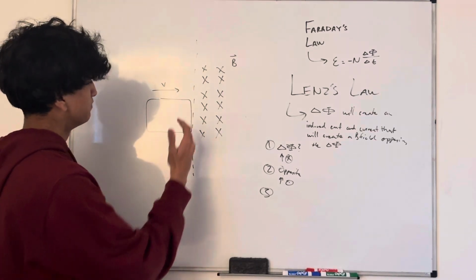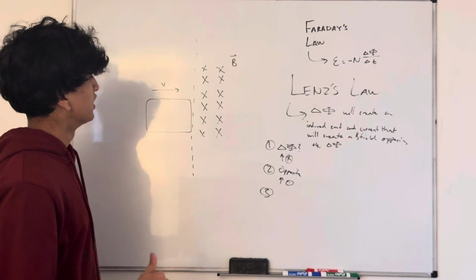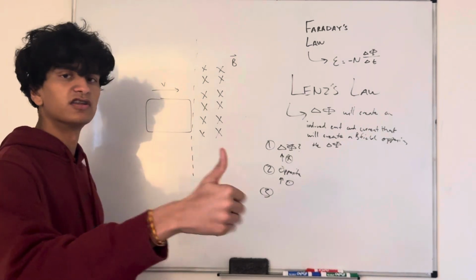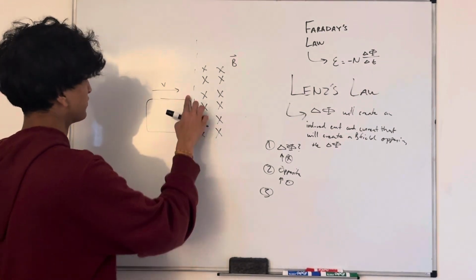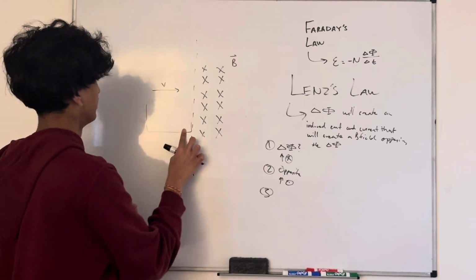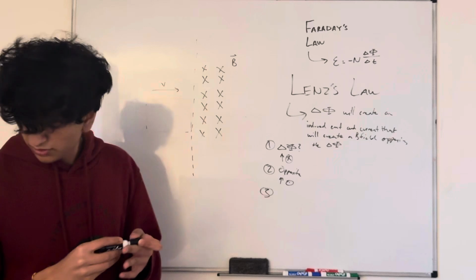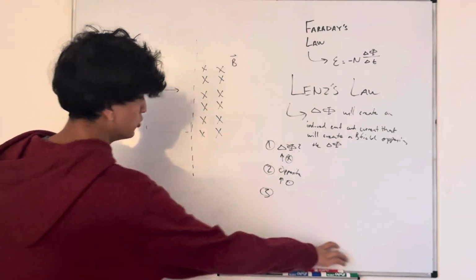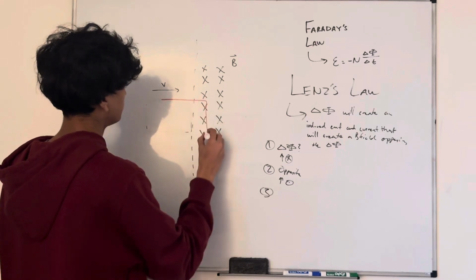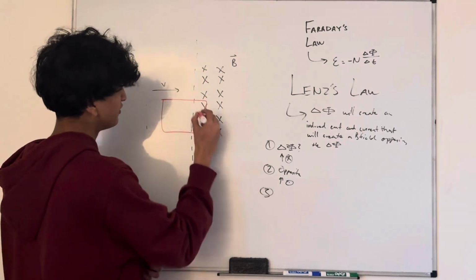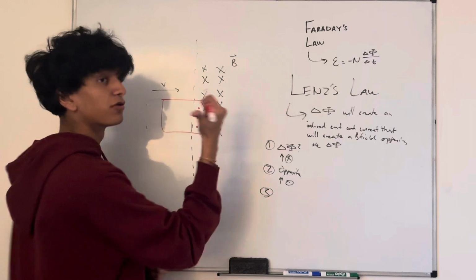You would use your right-hand rule. We can use the first right-hand rule. We want the B field. If I draw the loop going into the page, now there obviously need to be new field lines induced that are out of the page.